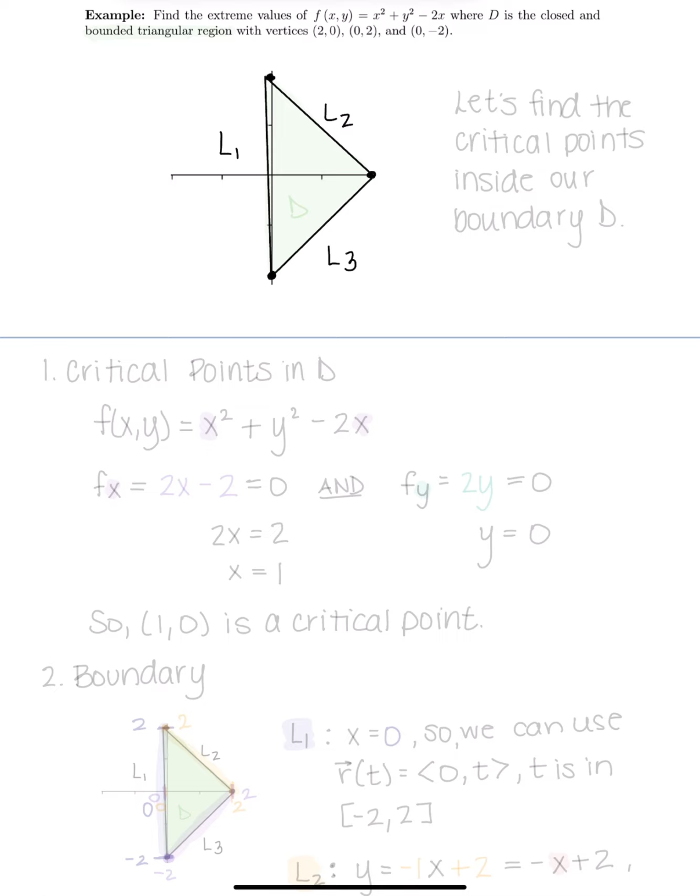Remember, our bounded region here is everything that's inside this triangle. We also will have to worry about the boundary, but let's deal with anything inside of the triangle first, which means finding our critical points.